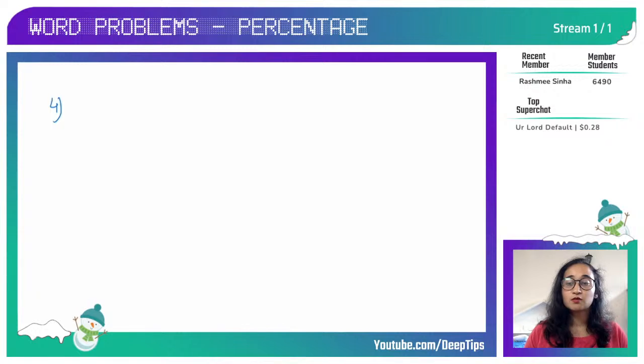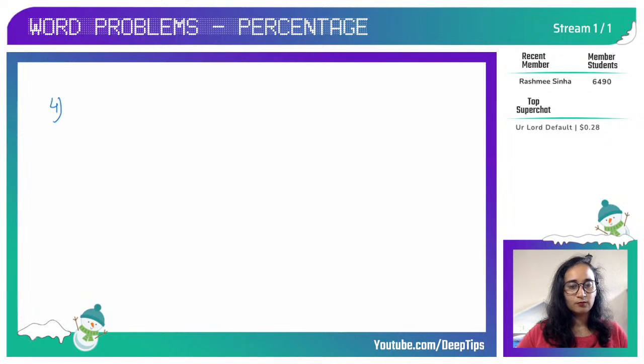Okay, so now this question number 4 is again based on salary, savings and all this, but this is different from my previous question, because in the previous question it was said that salary is given, expenditure is given, and find the percentage savings.